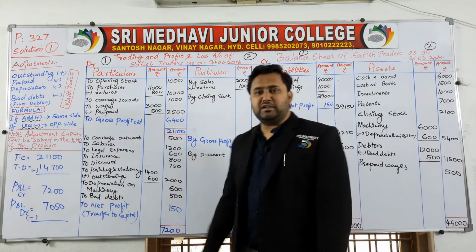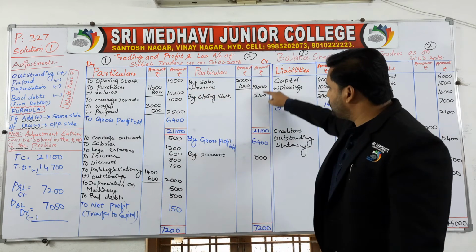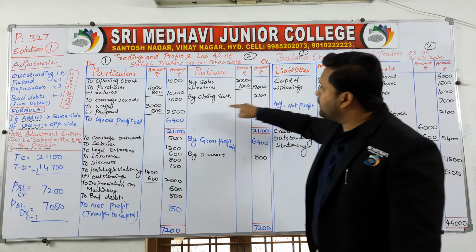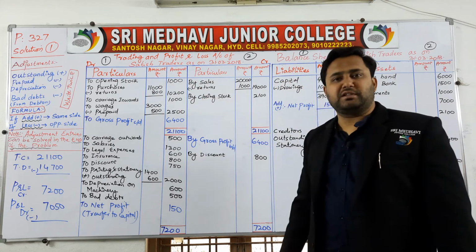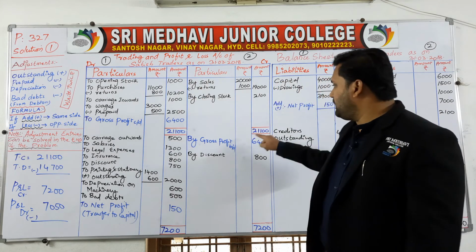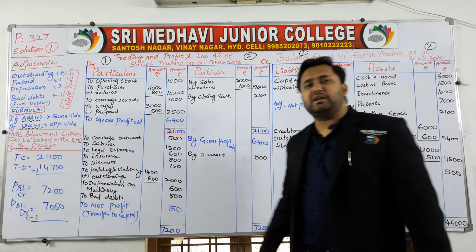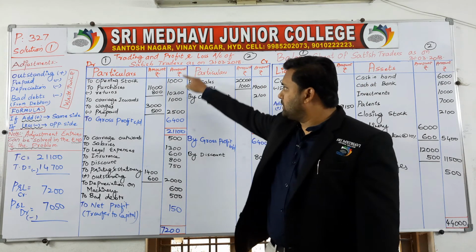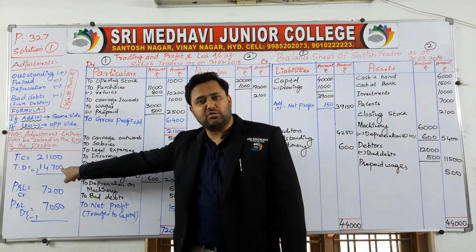Then how are you going to find the gross profit? Go for the total of the trading account credit side and the total of the trading account debit side. Find which one is greater. Here in this problem 21,100 is greater, and the trading account debit side total is 14,700.